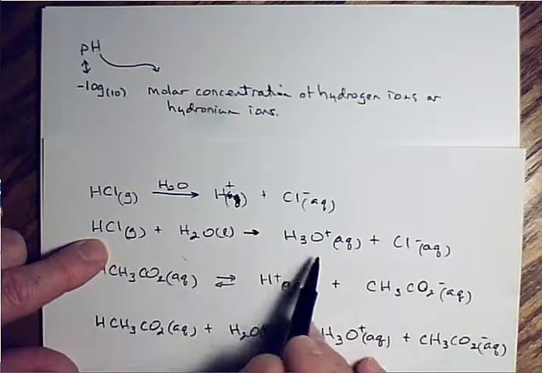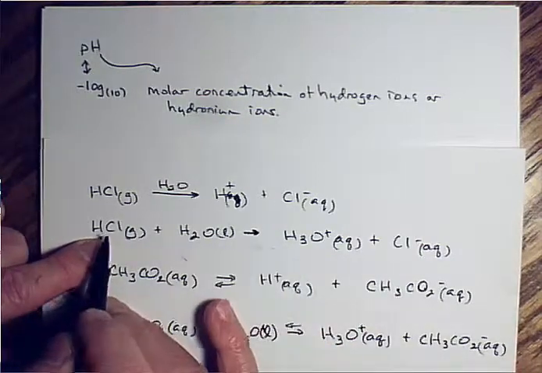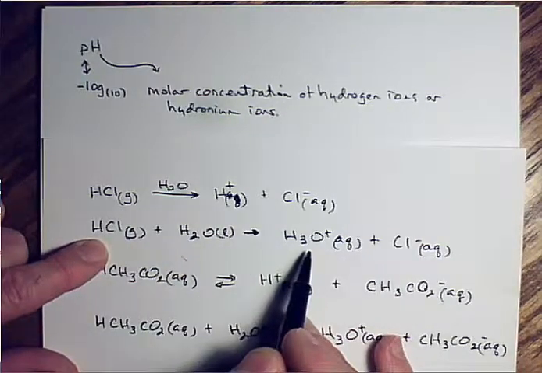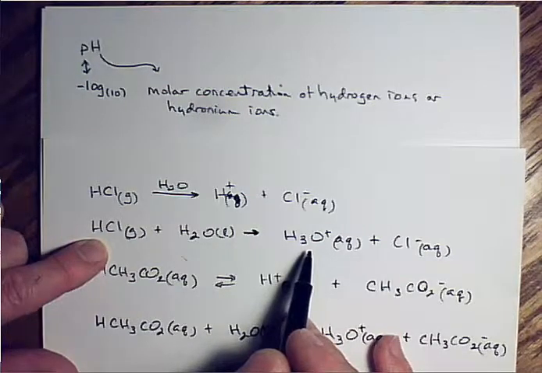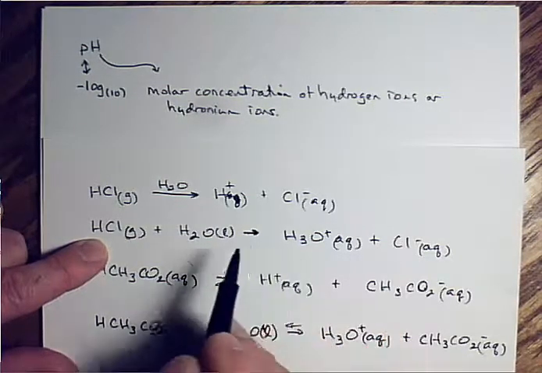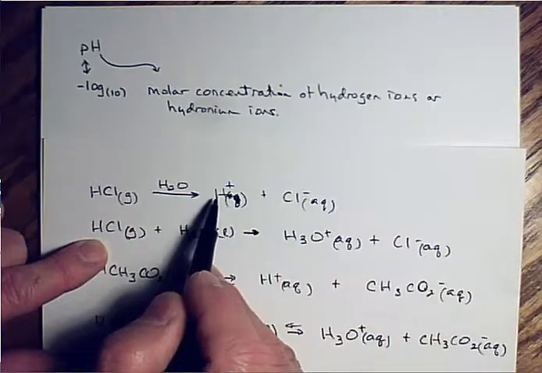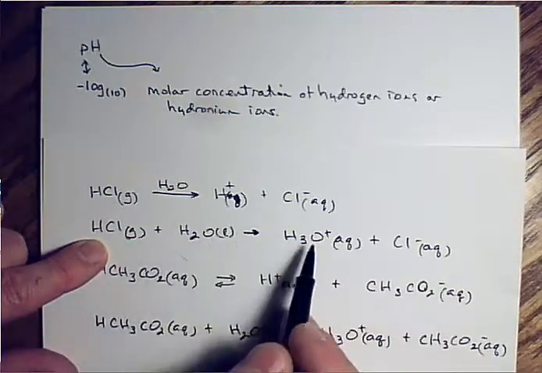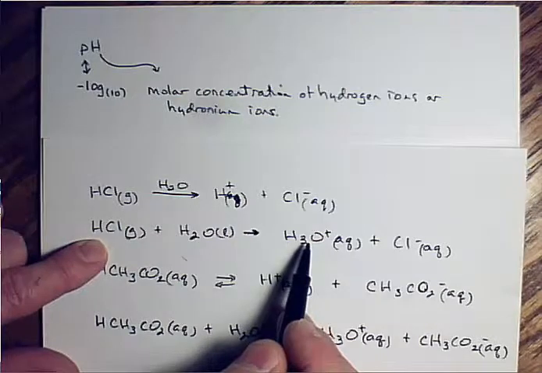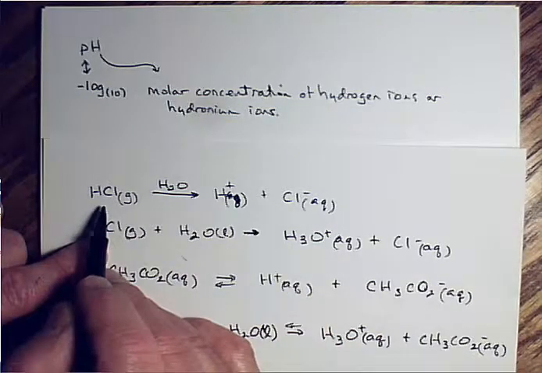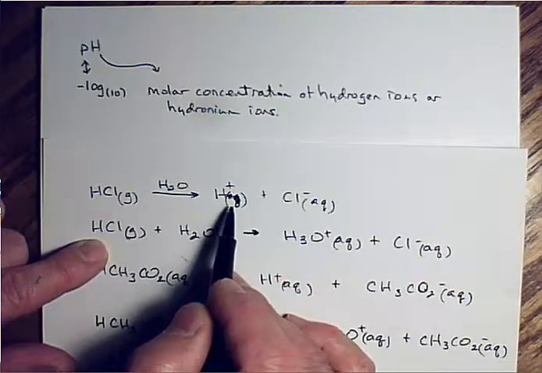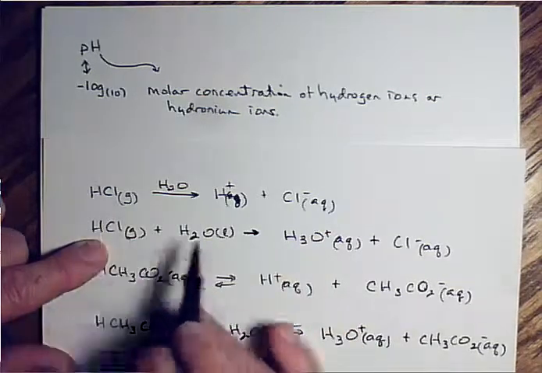Whenever this breaks up, it makes one of these. Remember, moles are counting numbers. 6.02 times 10 to the 23rd particles equals 1 mole, right? Whatever the molar concentration of this is, would also be the molar concentration of this, because every time one of these breaks up, and it's a counting number, you get one of these.